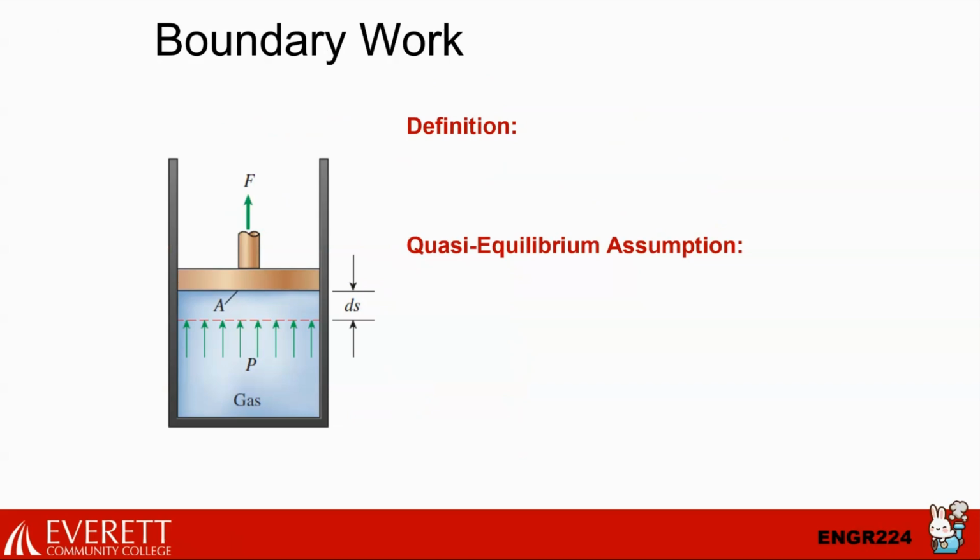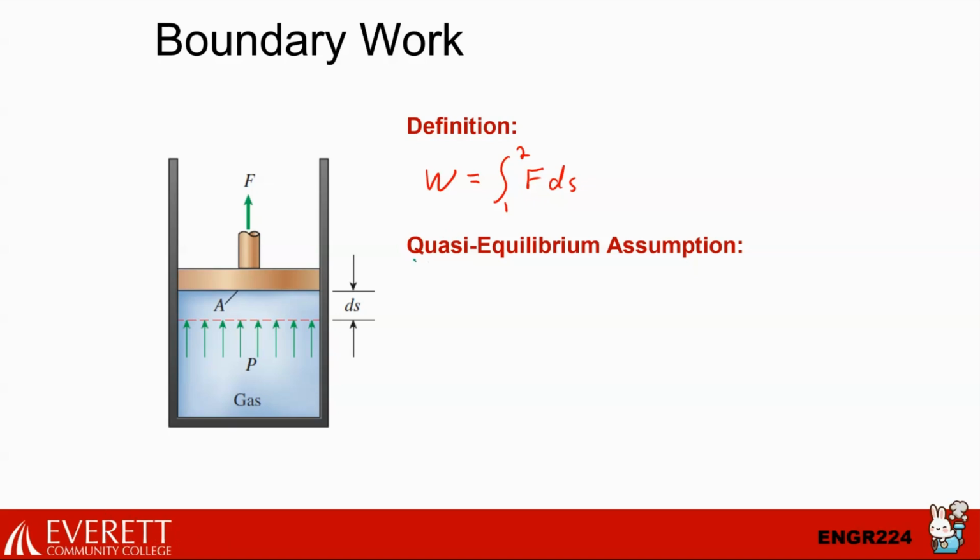Okay, so let's go ahead and define boundary work. If we say that work is the integral of F ds, from location S1 to location S2, we can then write this a little bit differently. You've probably seen this before, quasi-equilibrium.